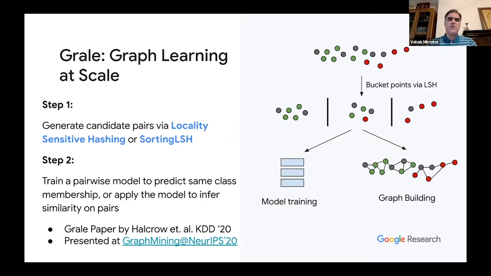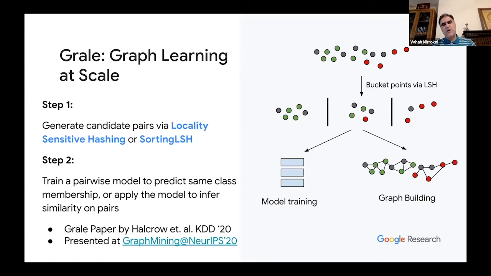In the first stage, we find candidate pairs of points that we have an educated guess of being related because they share features, for example. Over there, we either use locally sensitive hashing or what we call the sorting LSH technique that I'll talk about.